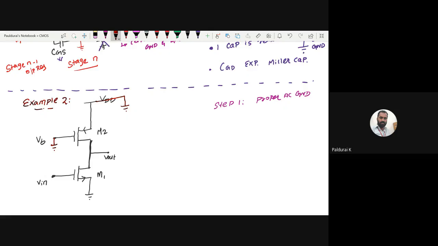Step 2, now draw all the parasitic capacitors. This time I am choosing red color. For what is this? M1. So this is gate to source of 1. This is capacitor source to bulk of 1.